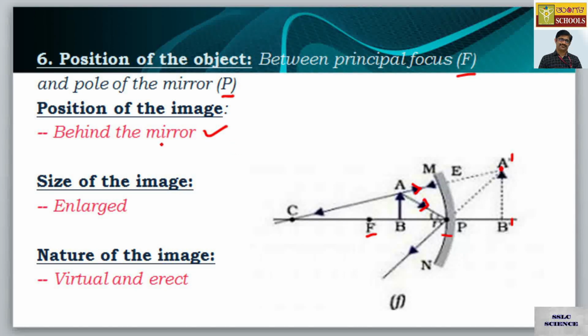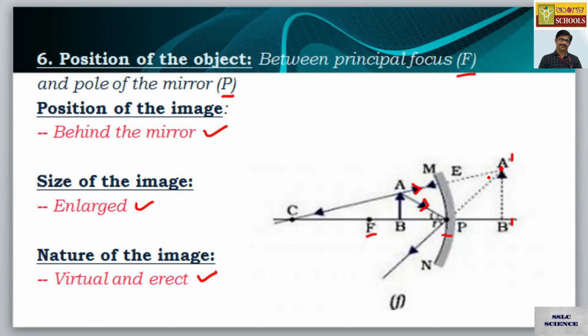Since it is behind the mirror, the image should be virtual and erect. An image which cannot be caught on the screen is said to be virtual and erect. The image size will be enlarged. I hope you are getting this. When you bring the object between F and P, the image shifts behind the mirror.